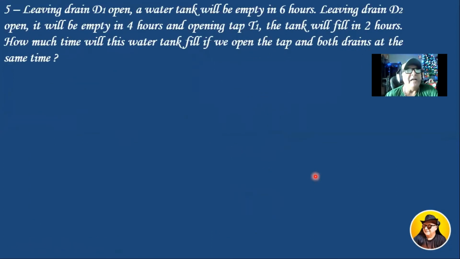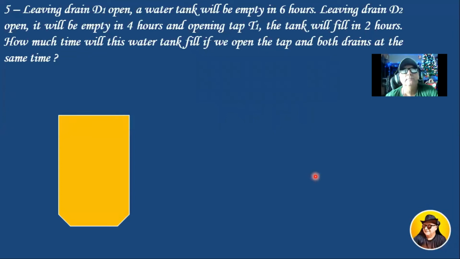Question 5. Leaving drain 1, D1, open, a water tank will be empty in 6 hours. Leaving drain D2 open, it will be empty in 4 hours. And opening the tap T1, the tank will fill in 2 hours. How much time will this water tank take to fill if we open the tap and both drains at the same time?